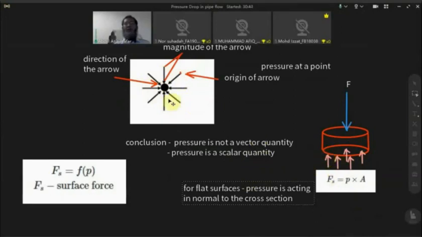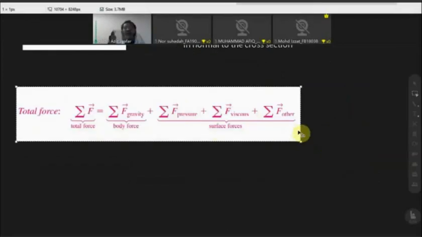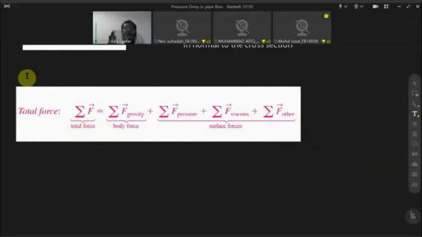Now, it's better for us to look at the category of force that we're going to learn in this course, right? So fluid particles are subjected to a total force, which comprises the body forces and surface forces, right?